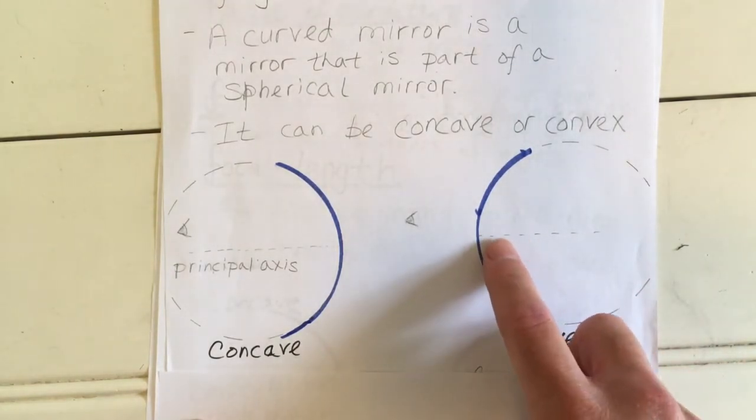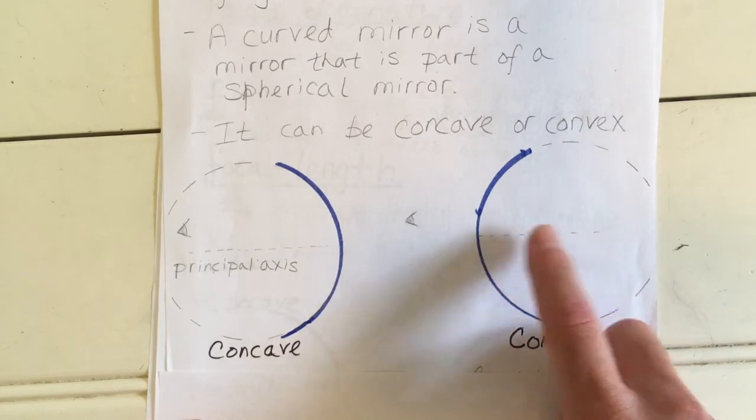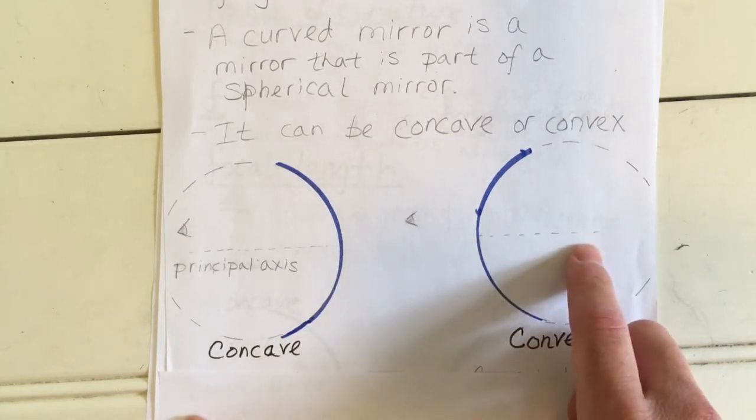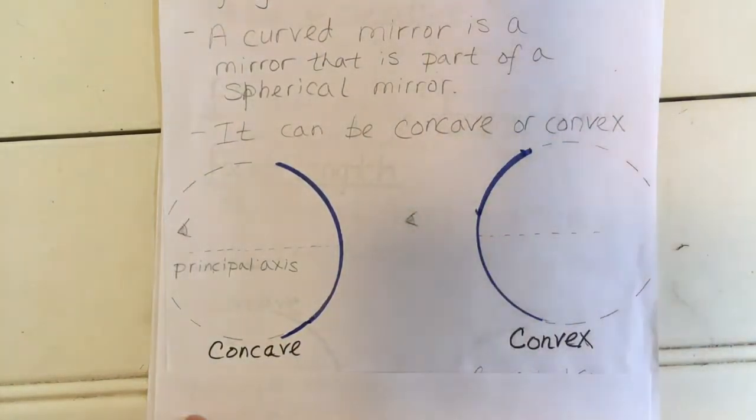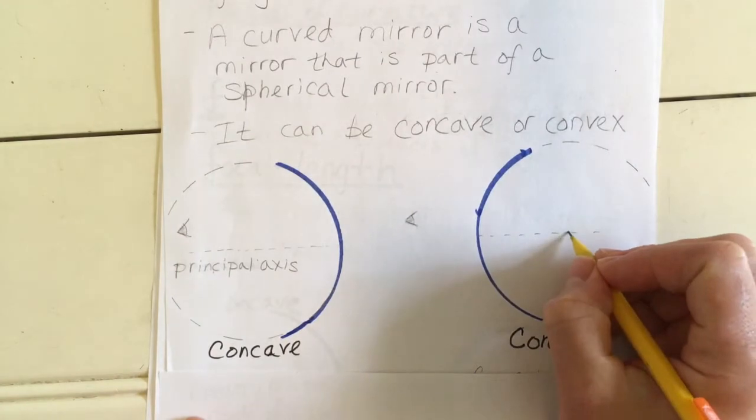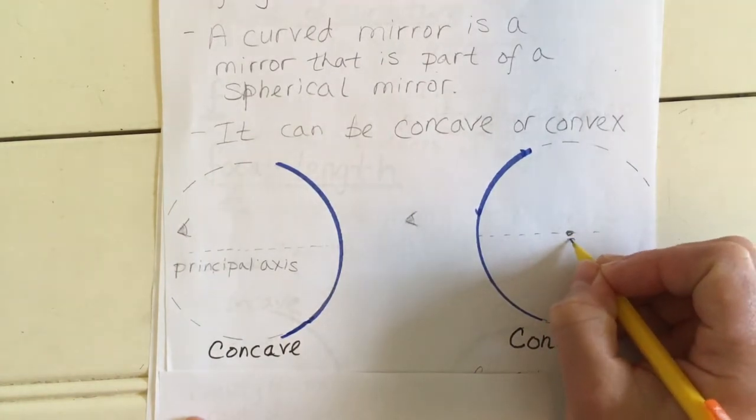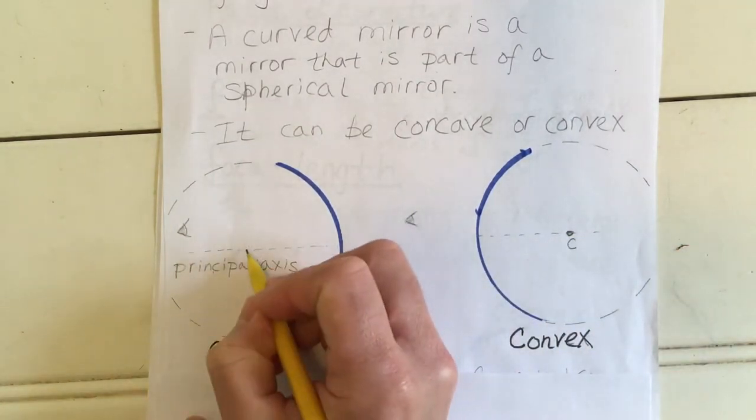The principal axis, notice though, is on the inside, right? Because if this is part of a sphere, then you can think about the fact that the center of that sphere would be right here. And the same would be true over here.